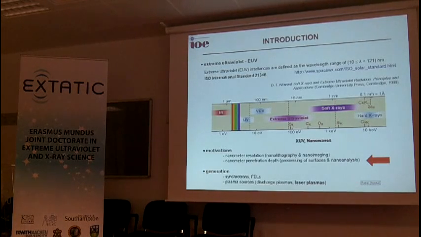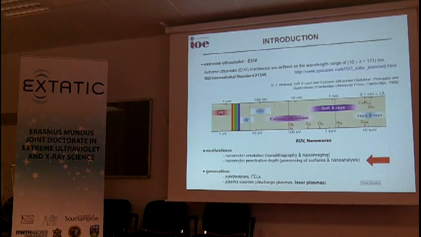So, extreme ultraviolet. If we talk about EUV, we should remember that there is a formal standard which was proposed some time ago by astrophysicists. According to the international standard, extreme ultraviolet is defined as a wavelength from 10 to 121 nanometers.